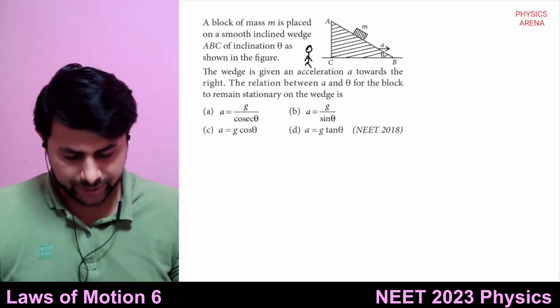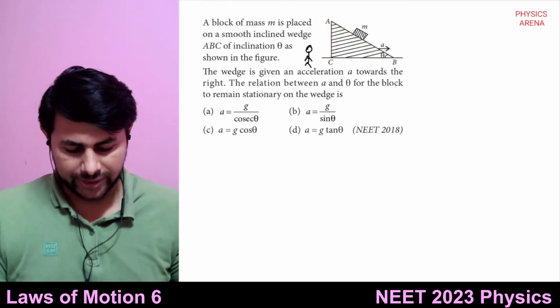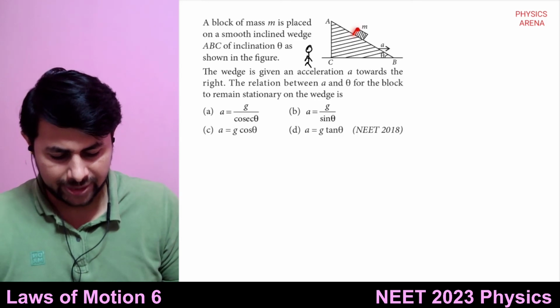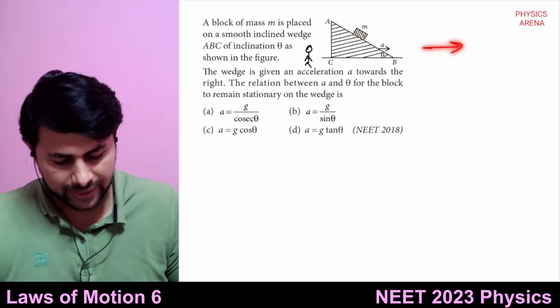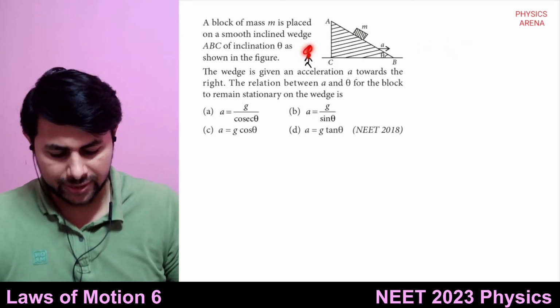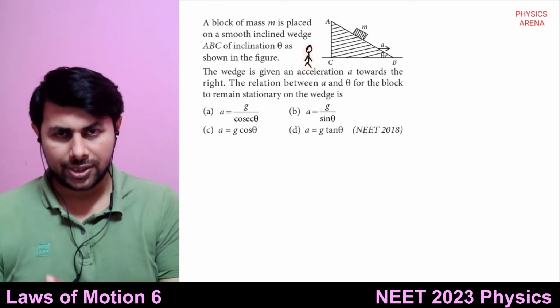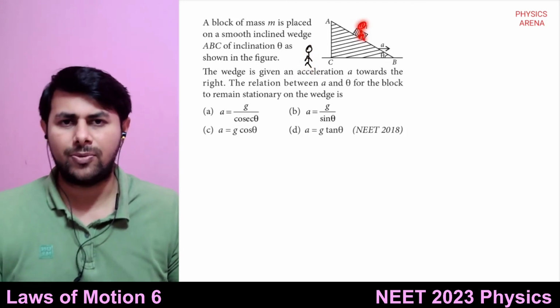non-inertial frame of reference. So earlier in this problem also, what is this problem? A block of mass m is kept on the smooth inclined plane, and the incline is accelerating like this. Okay, so earlier we considered an observer who is inertial. Now we will consider an observer who is riding along with this block.